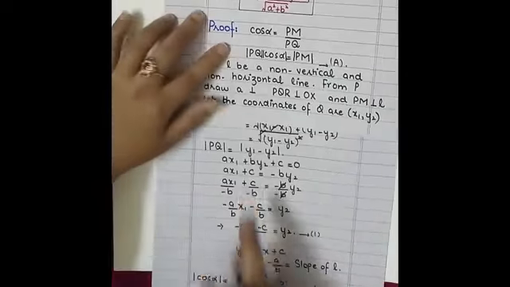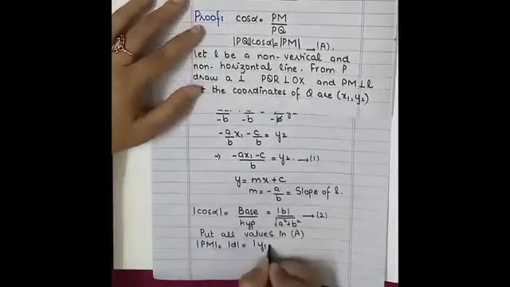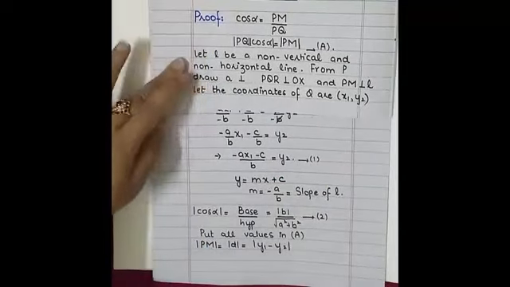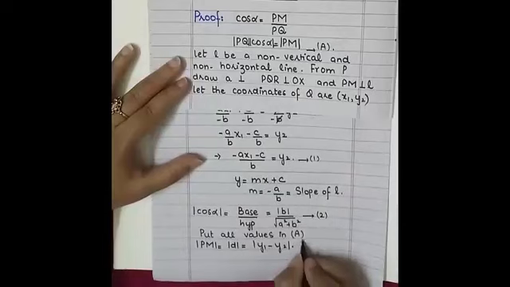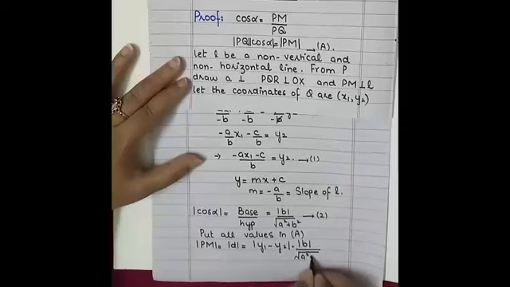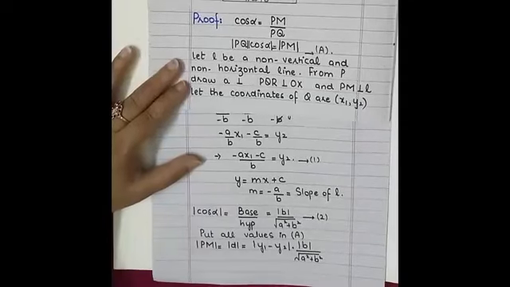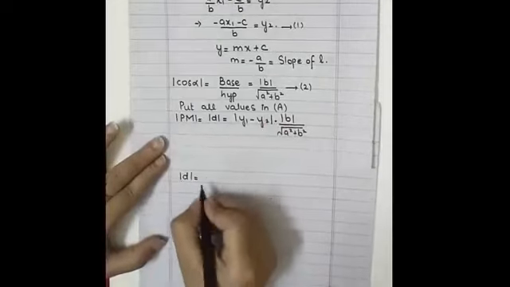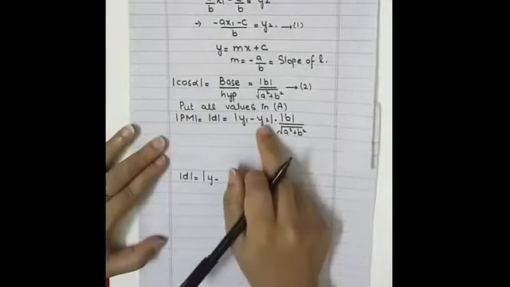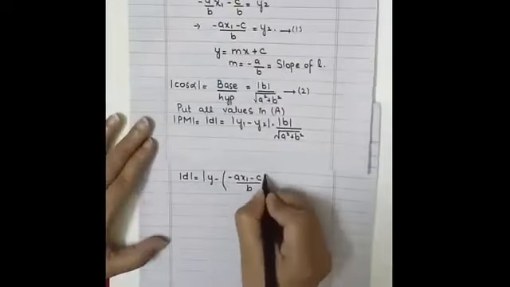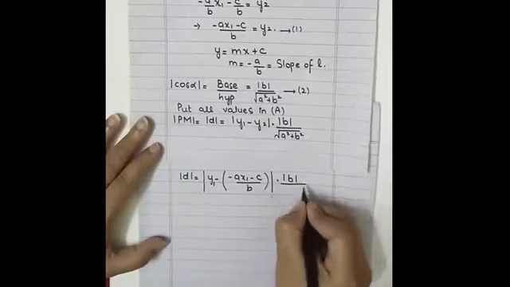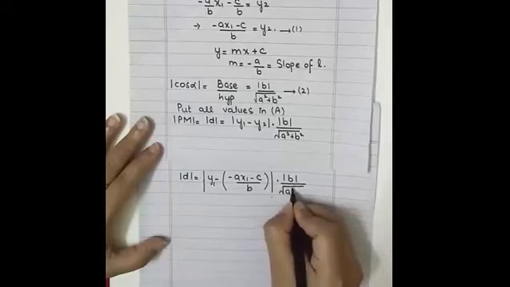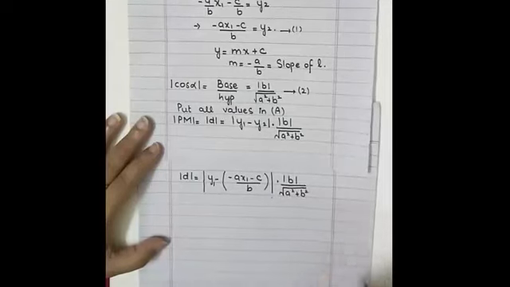The value of PQ is y1 minus y2, and the value of cos alpha is b over the square root of a square plus b square. Now d is equal to y1 minus the value of y2, multiplied by b over the square root of a square plus b square.